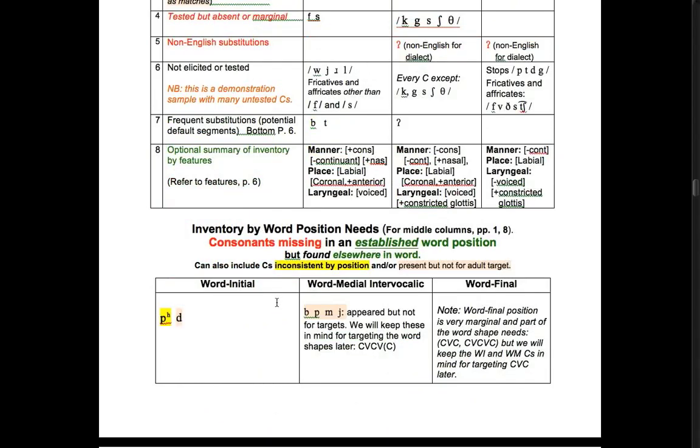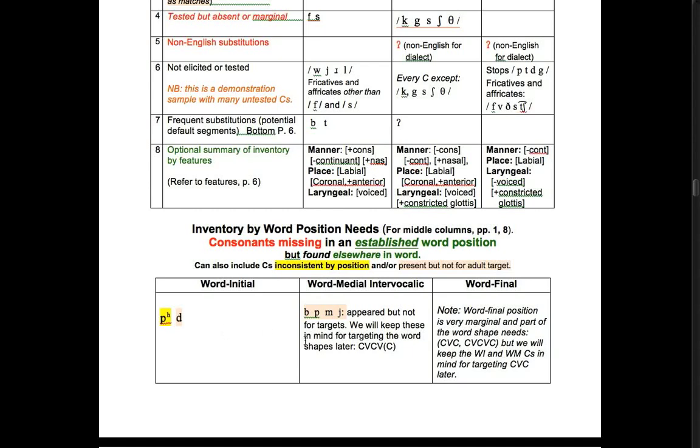The 3 columns of the second chart are meant for sounds that you may choose to target in treatment as word position goals. Each cell shows sounds missing in a position that were strengths in other positions. For instance, B was demonstrated as a strength word initially, but was only present as a substitution word medially.